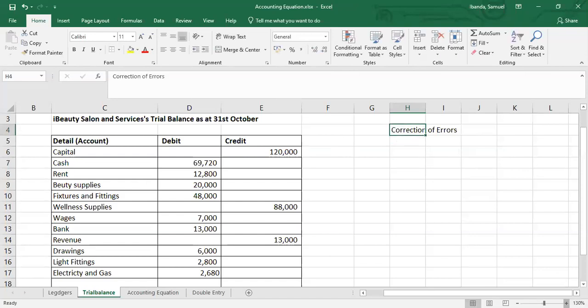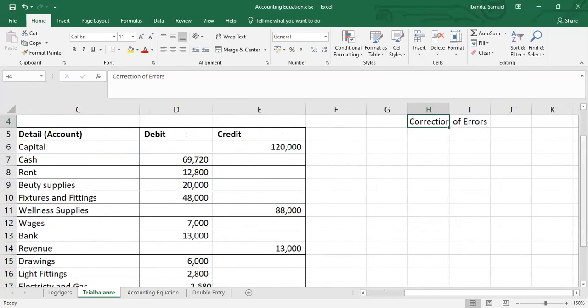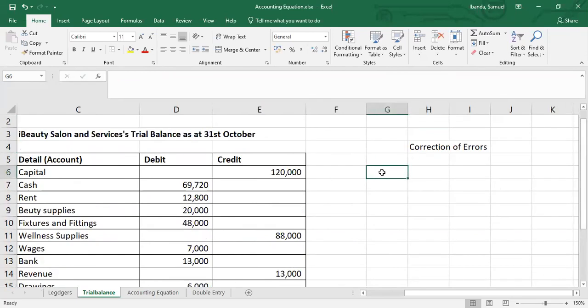Now, with these errors, we have two categories.